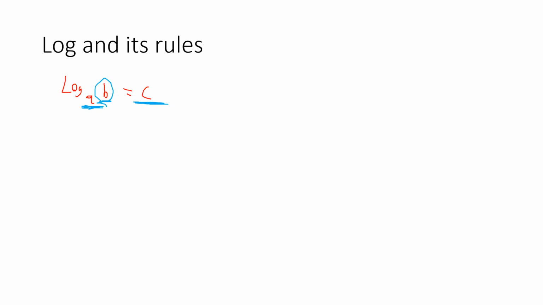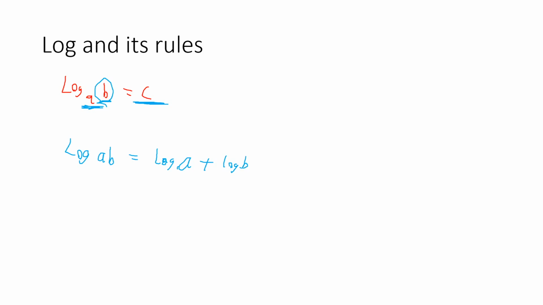Just some key things to point out is log of a times b, right? That's the same as log a plus log b, all right? Sorry, gonna use consistent capitals or non-capitals, right? And the same is in reverse.